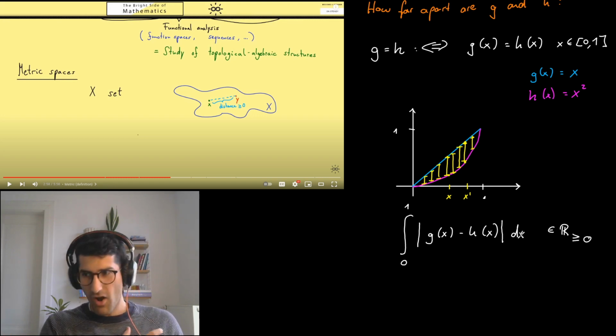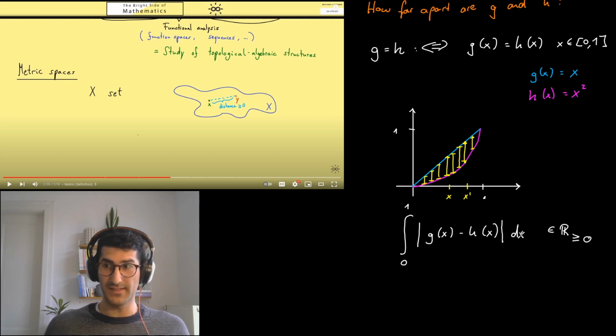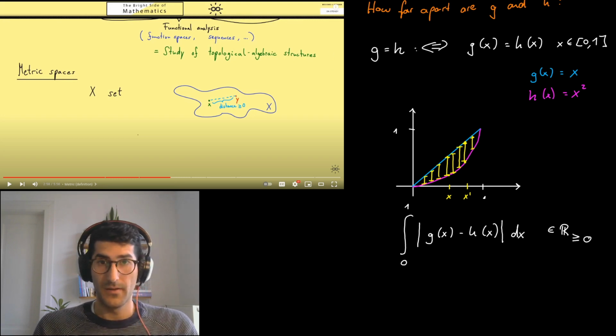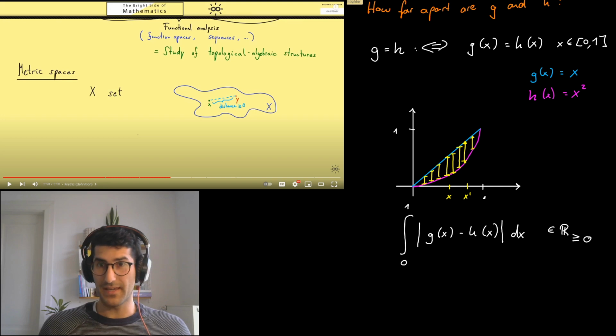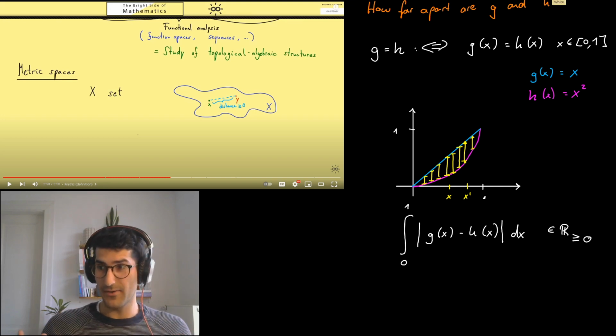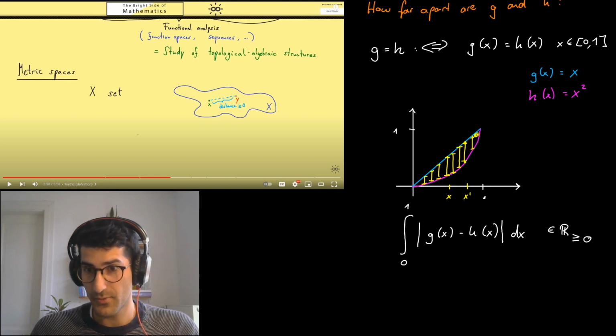We are taking all possible differences and aggregating them into a single number by means of an integral. Visually speaking, this also makes sense because what we are now calculating is the area between the two functions.